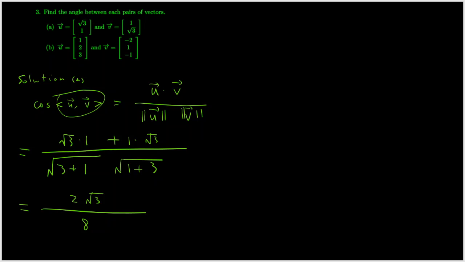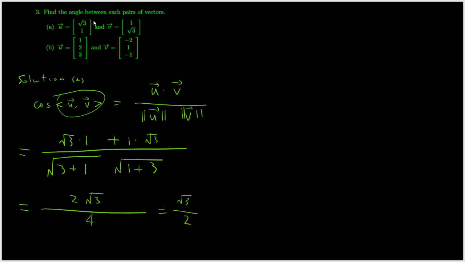Now you have 4. And then the cosine value of the angle between the two vectors is actually square root of 3 over 2.